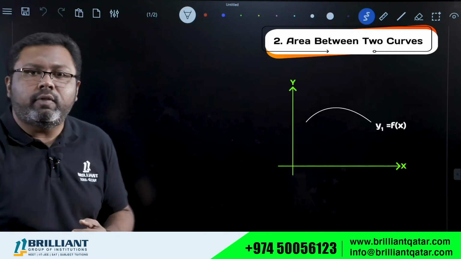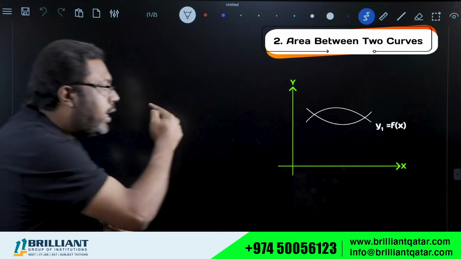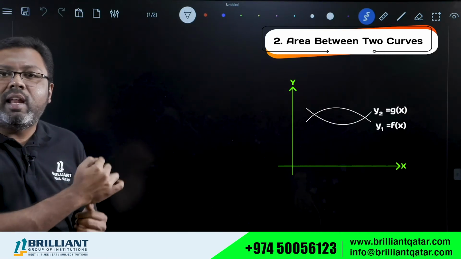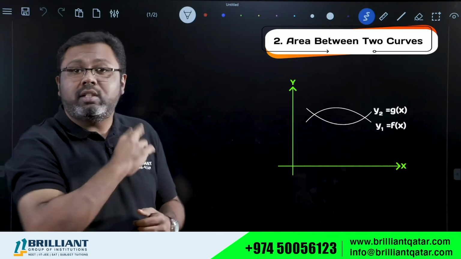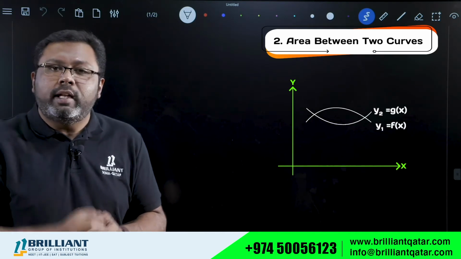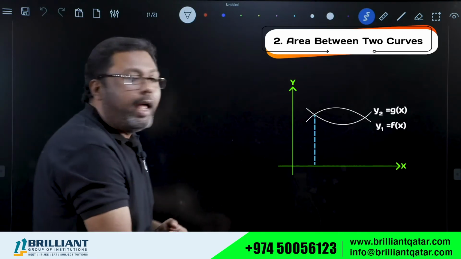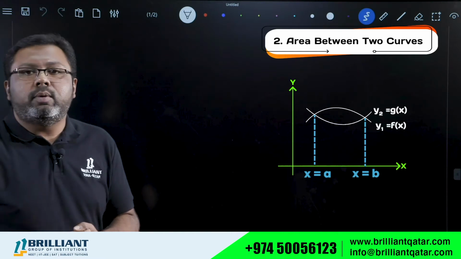The second curve is y2, and y2 is equal to g of x. You can see that these two curves are intersecting each other at 2 points, and we're going to call those 2 points x is equal to a and x is equal to b.